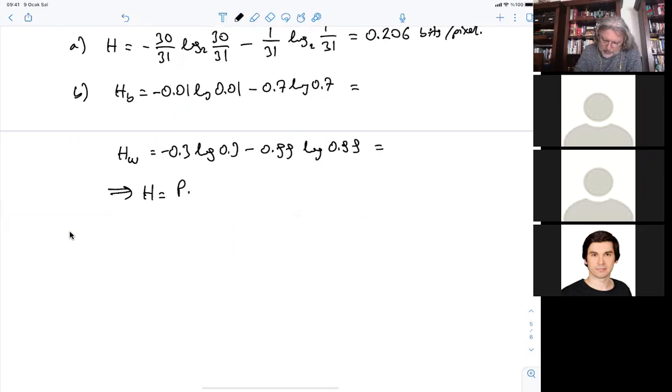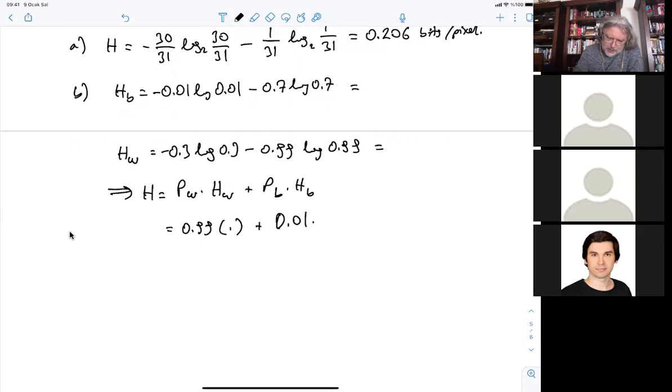probability of white times entropy of white plus probability of black times entropy of black, which is probability of white is already given as 0.99. H of white is something, plus probability of black is given as 0.01 times, no, it's not 0.99.